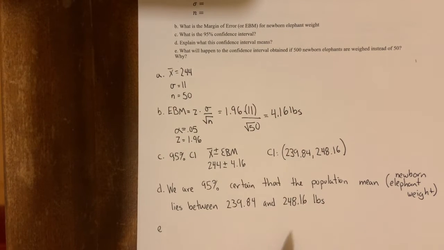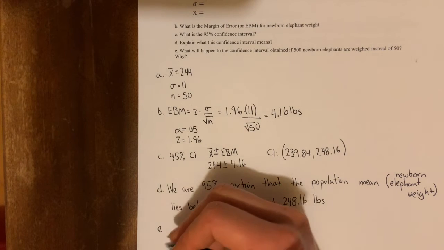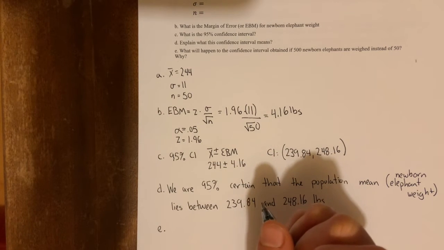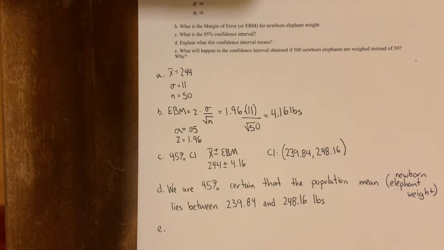And finally, the last question asks what will happen to the confidence interval obtained if 500 newborn elephants are weighed instead of only 50? And why would that occur? So if we were to sample 500 elephants instead of 50, we would be increasing the sample size, and that means that the confidence interval would decrease, which means we're more accurate with our estimate of this population mean.